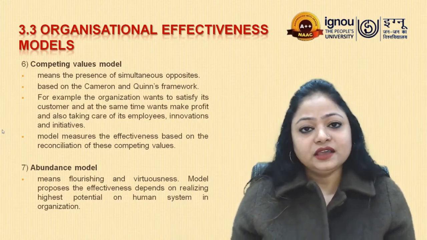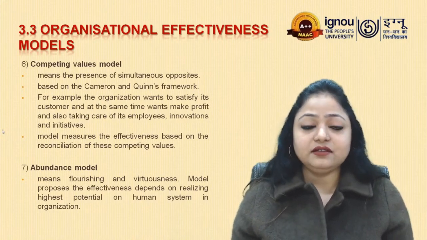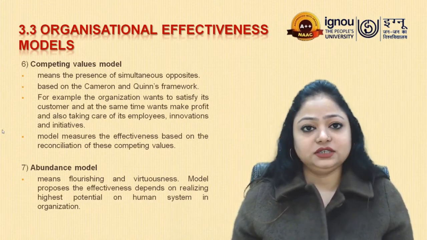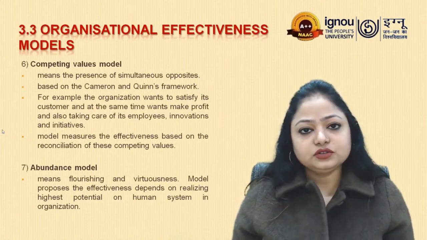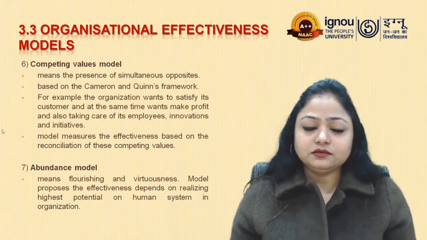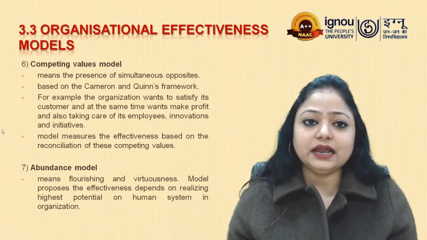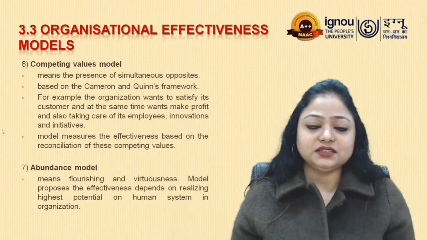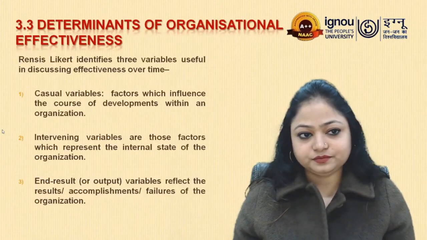So if the resources are rich in nature with high quality skills and competencies, then those resources could be evaluated to come to the conclusion whether that organization is an effective one or an ineffective one.